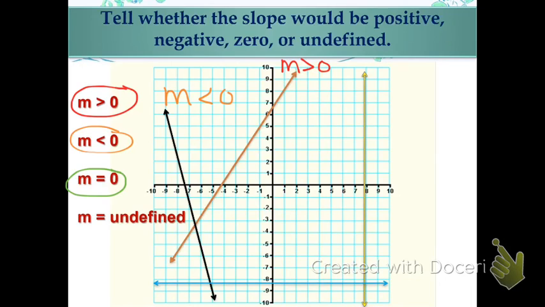A zero slope, remember, is a horizontal line, so that's this blue one here. And an undefined slope is a vertical line, so that's this yellow one here. Sometimes, again, we'll use this empty set notation instead of the word undefined if you like to use a little less writing.